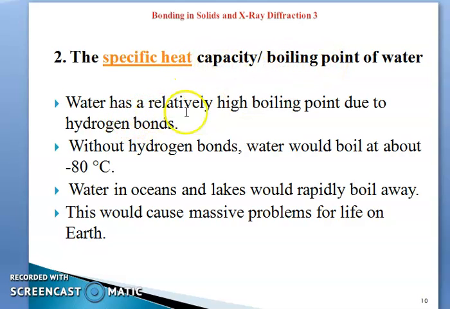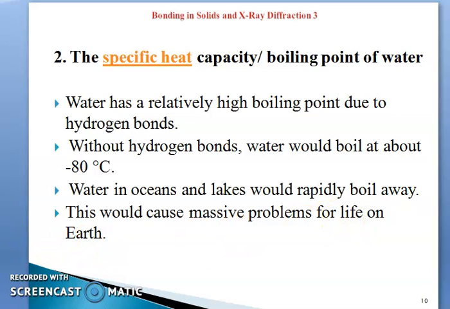Water has a relatively high boiling point due to hydrogen bonds. And without hydrogen bonds, surely what happens? Water may boil below 100 degrees Celsius. It means up to minus 80 degrees Celsius it starts to boil and water gets evaporated. And this will cause a massive, large problem for life on the earth.